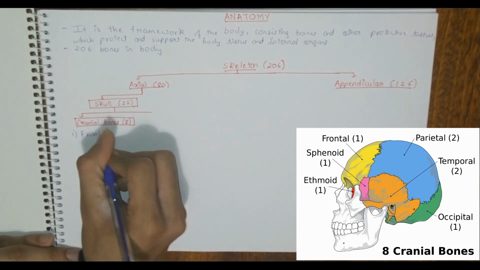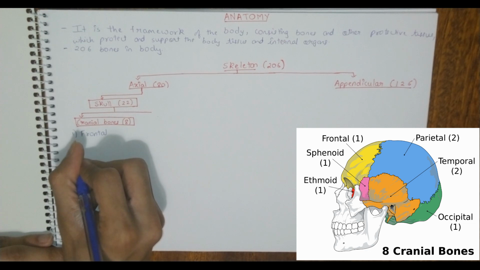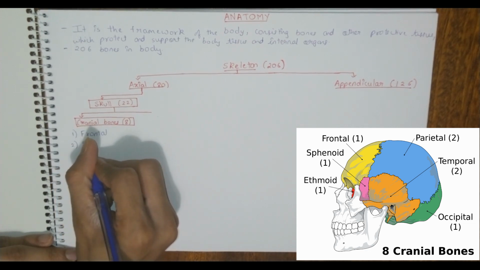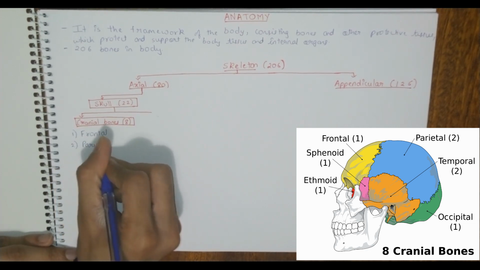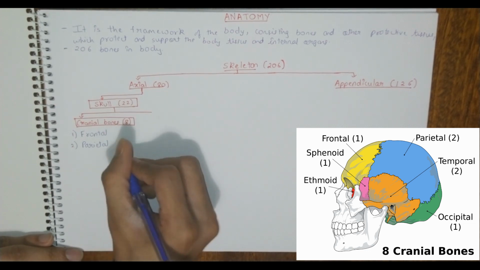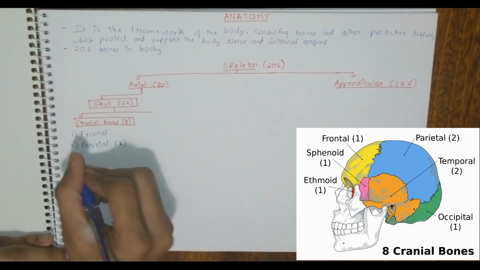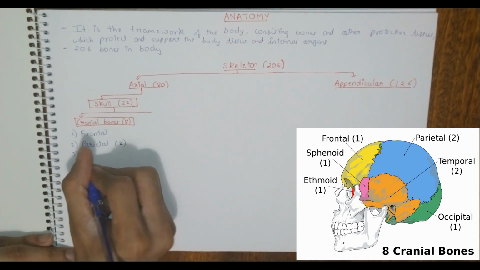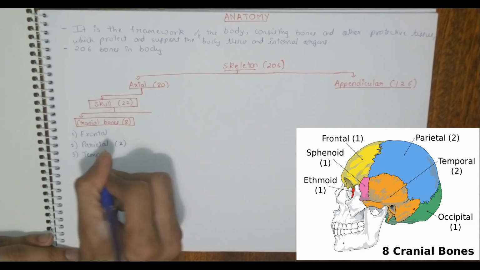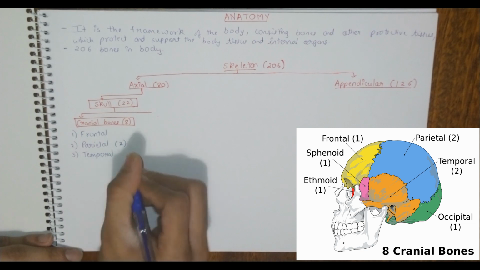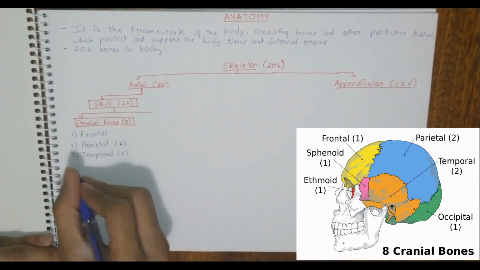frontal, parietal. Frontal is only one, parietal is 2. There are 2 parietal bones. Temporal, which is again 2.